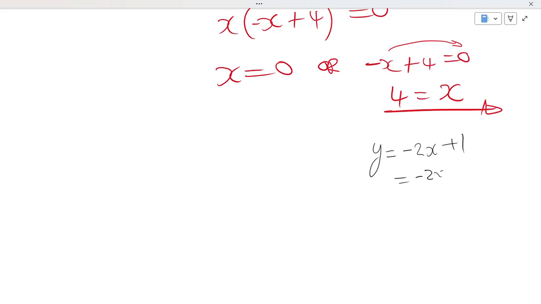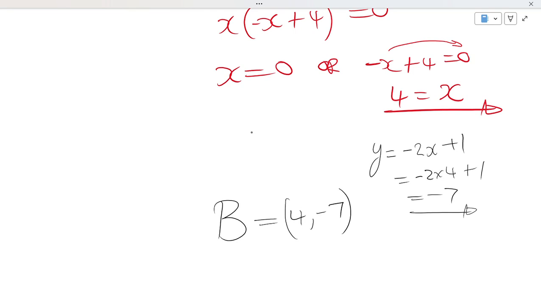So negative 2 times 4 plus 1, that's negative 7. So B is (4, negative 7). A, you know that x is 0. You could also find y. Your y would be 1.